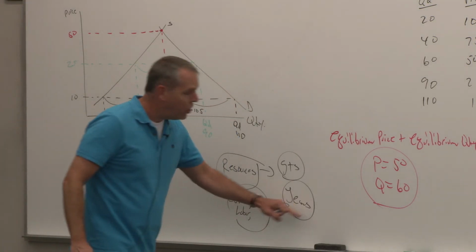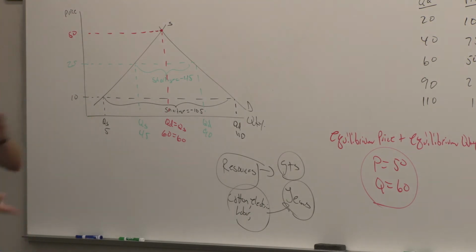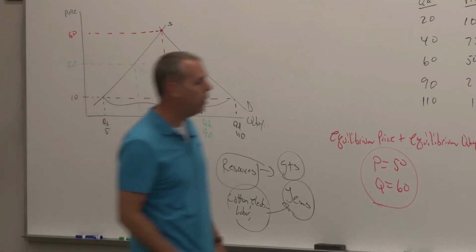This first pair of jeans costs $5 to make. So we're going to take $5 worth of resources and we rearrange them into a pair of jeans that's now worth how much? $150, right?